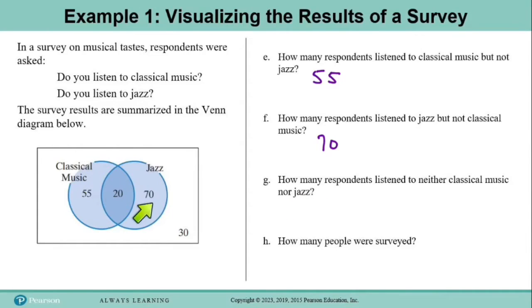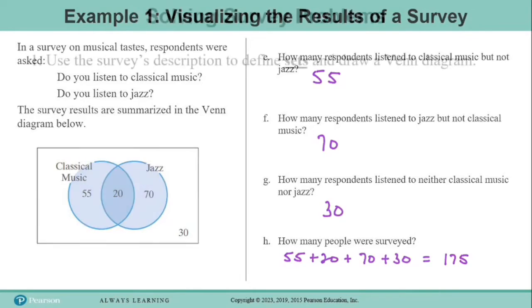And so that would be the people that are outside of these two sets entirely. So that would be these 30 people here. And then how many people were surveyed? Well, that would be the total number of people in the universal set. So 55 plus 20 plus 70 plus 30 gives us a total of 175 people.